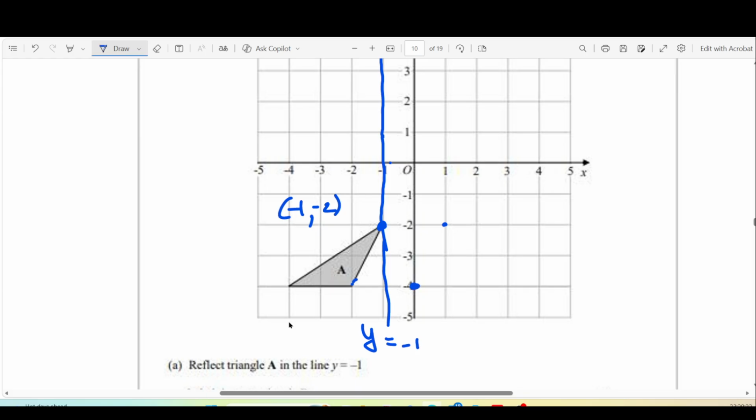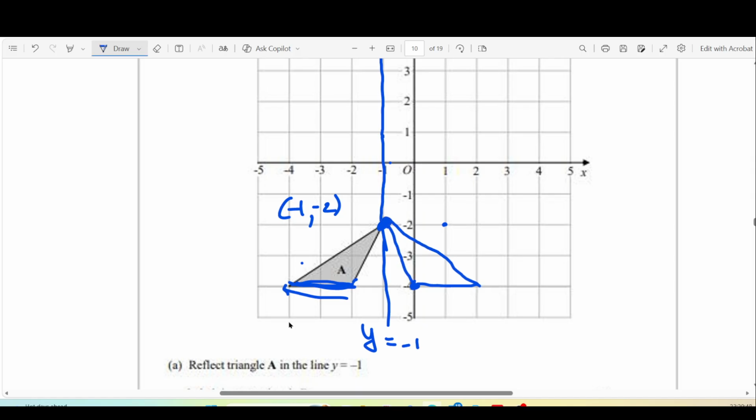You can see from this point it has moved by 2 squares, so we will make 2 squares and 1 2 3, this is 3 squares from here, right? So this will go like this to meet it, and then this point goes like this.